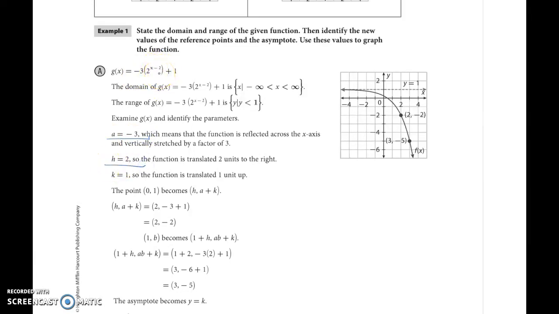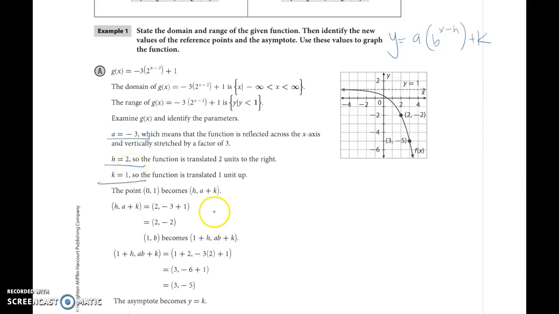Since the equation we just looked at was y = a·b^(x - h) + k, you are going to switch the sign of that number that's with x. So it's a -2, so we're talking about h = 2. And then in this example, k = 1.